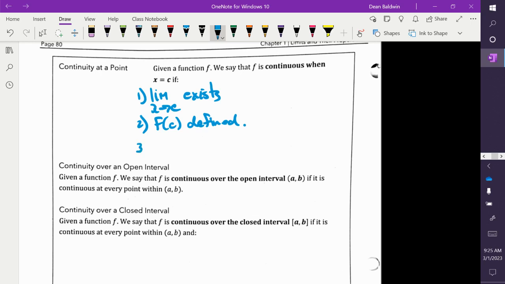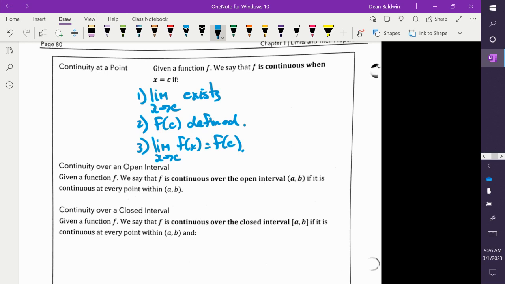Yes. The limit as x goes to c of f of x equals the value of f of c. That's what that means, right? All right. If you have those three things, then it's continuous at x equals c.